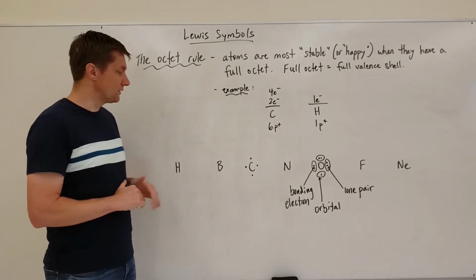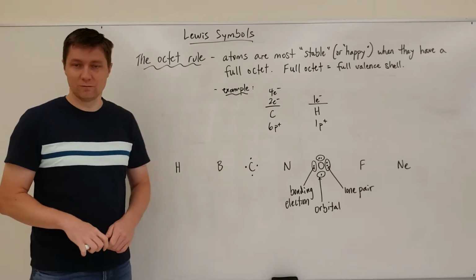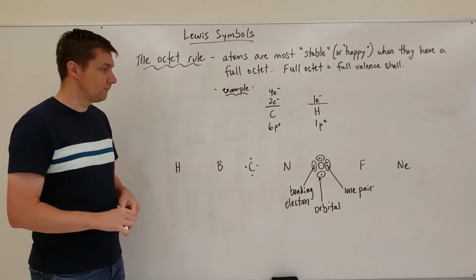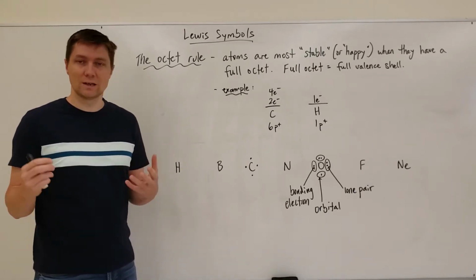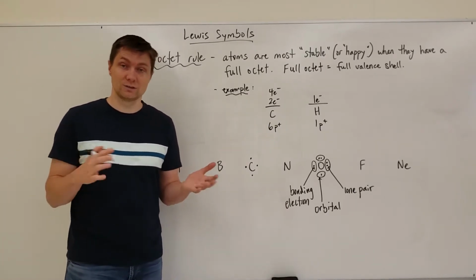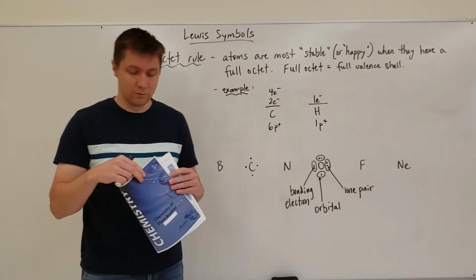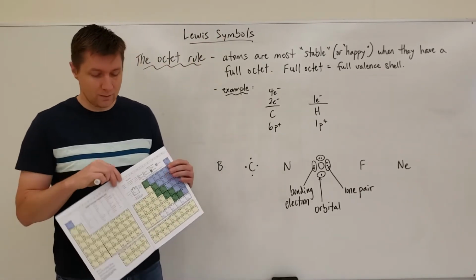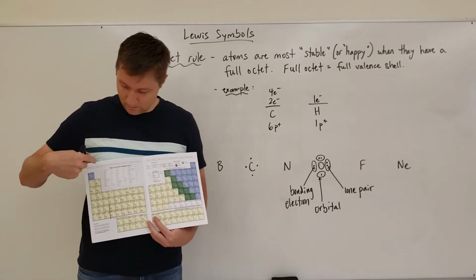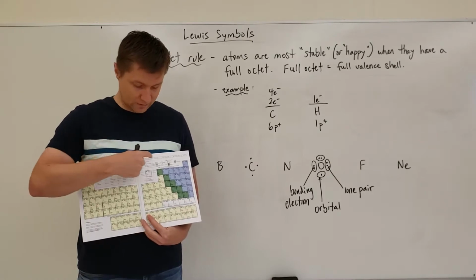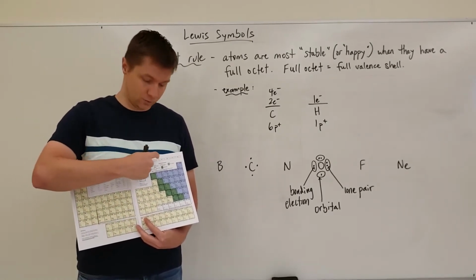Now, I've got some diagrams of elements on the board here, and what we need to be good at is identifying how many valence electrons a particular atom has. To recap, whatever group or family an element sits in tells us how many valence electrons it has.